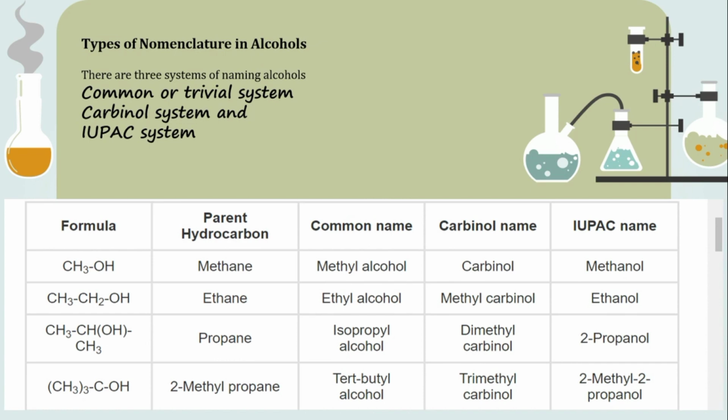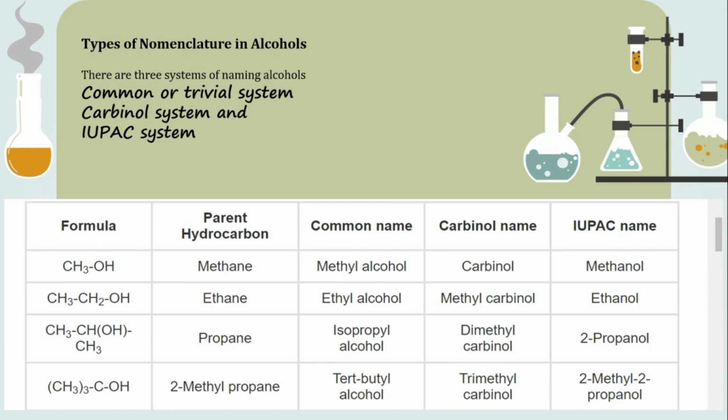First, let's look at methane. The common name for methane is methyl alcohol, while its carbinol name is carbinol. Its IUPAC name is methanol, and this is the formula of the parent hydrocarbon called methane. As we can see here, the methyl is bonded to the hydroxyl group, or the OH.